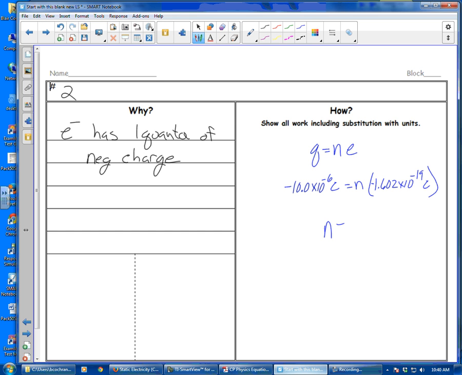And I solve for the number of electrons, which is the N. And that does it. I got that from my problem, and using the metric prefix for micro.